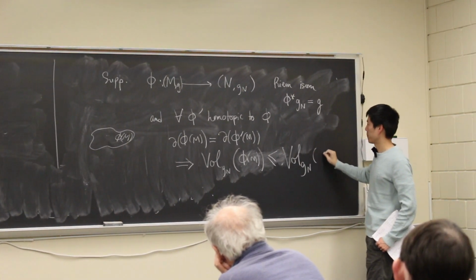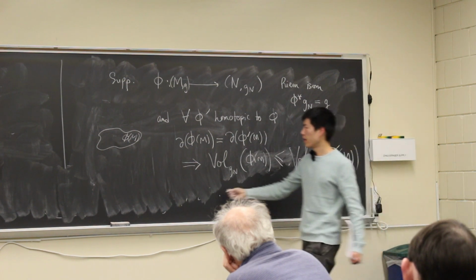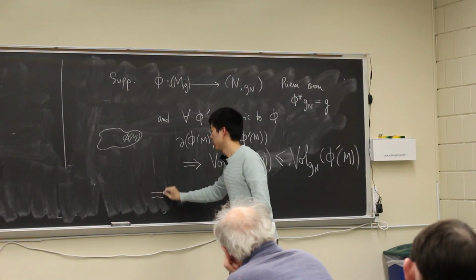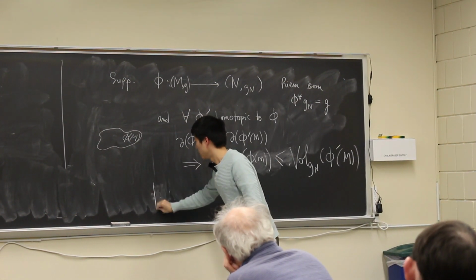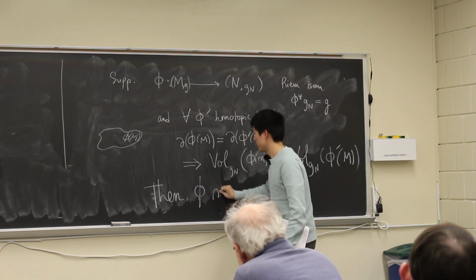So let's assume that. Then you have a minimal map. Then phi is minimal.